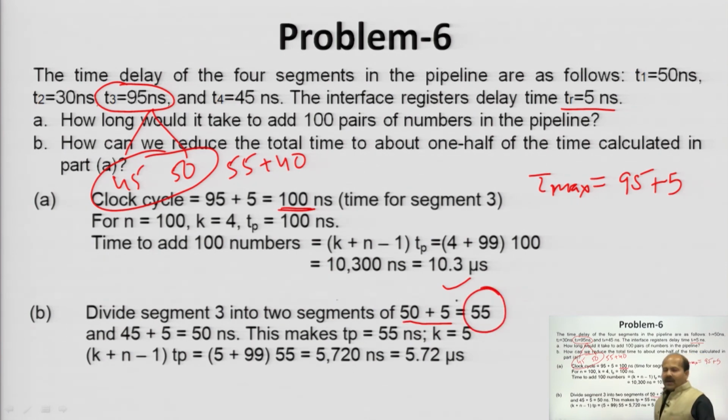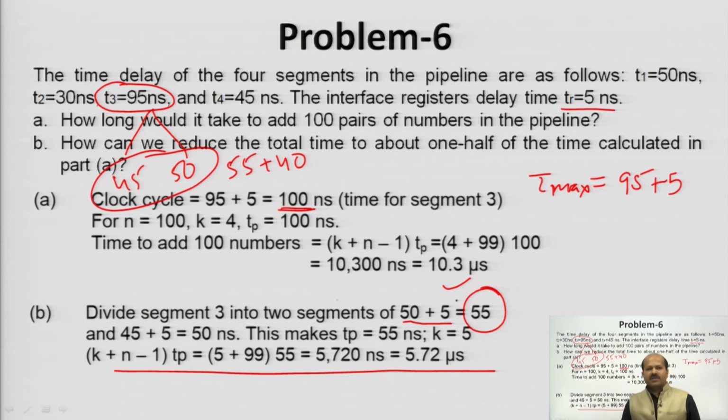And there will be one more stage which we have introduced, so the number of stages in this case will be 5. We can easily calculate the total time taken by this system for 100 tasks or n number of tasks. That will come as 5.72.